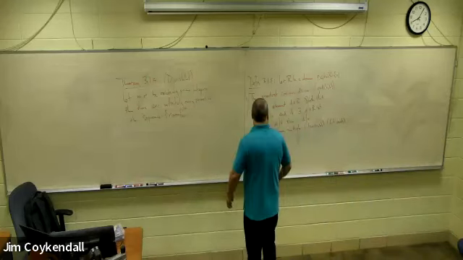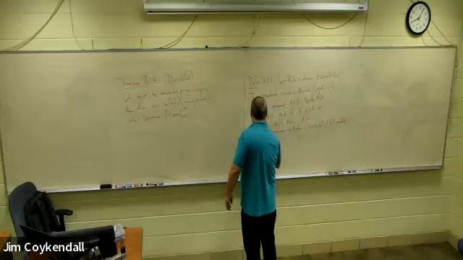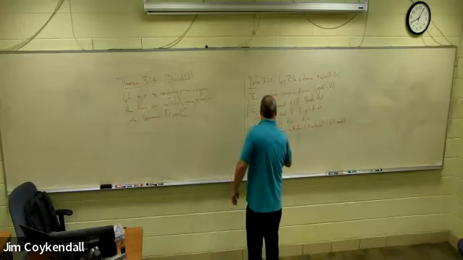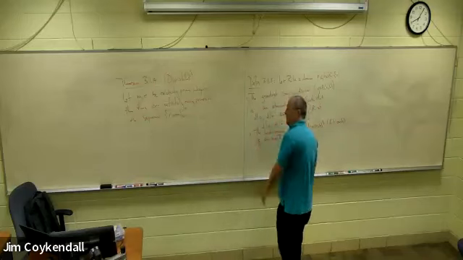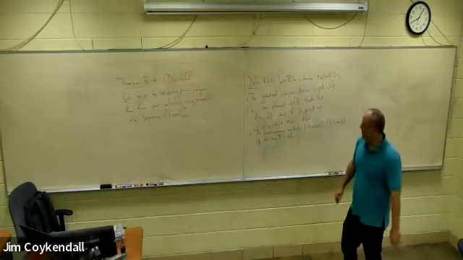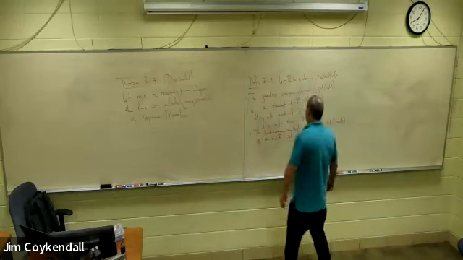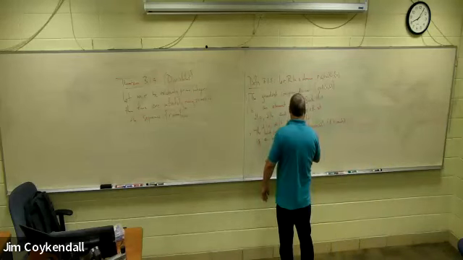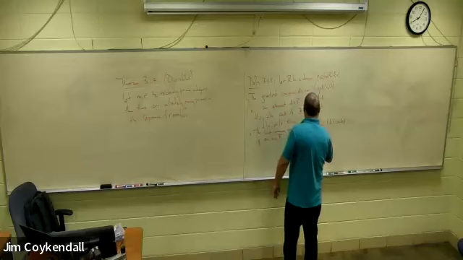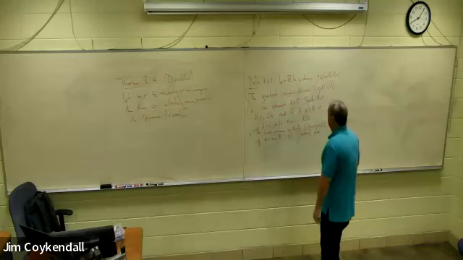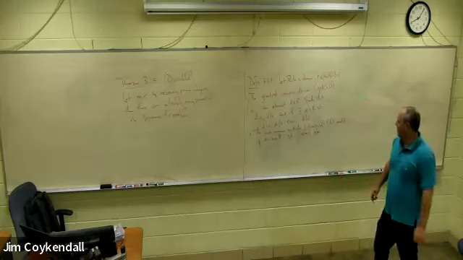The least common multiple is an element M in R such that, again, it's got to be a multiple, such that A divides M and B divides M. So it's a common multiple.